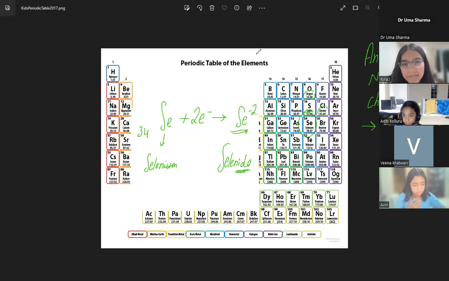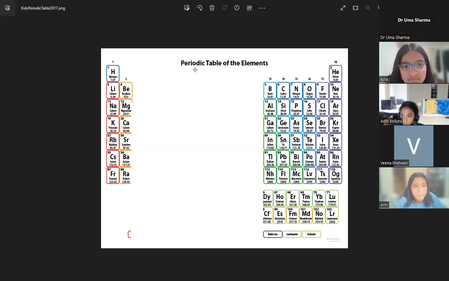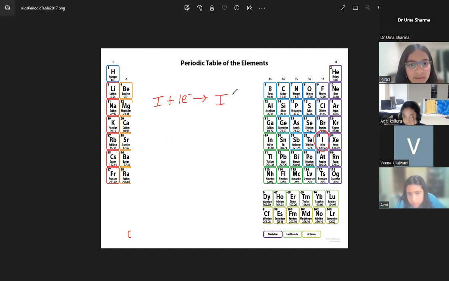Okay, so let's do some more. We are working with the anions and we are going to see the change and name them, right? So what do you think iodine can do? It can gain one electron, and it'll go to the magic number 54 and come out as I negative, I minus.